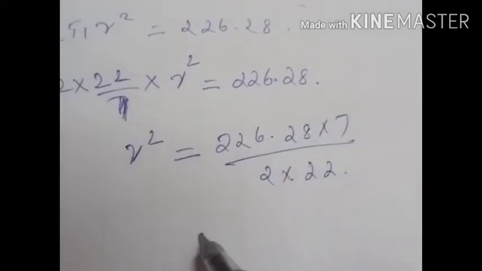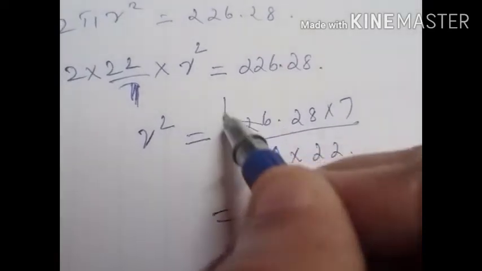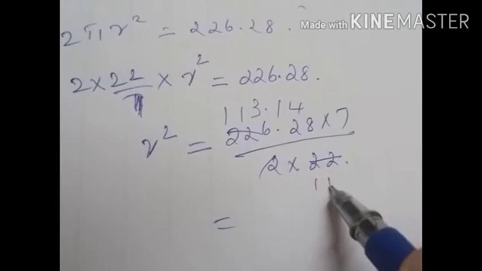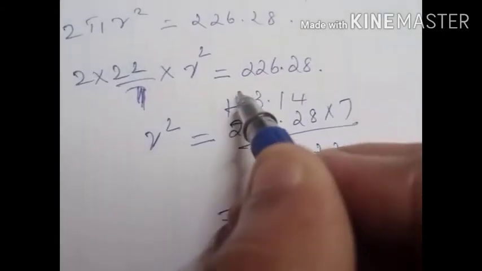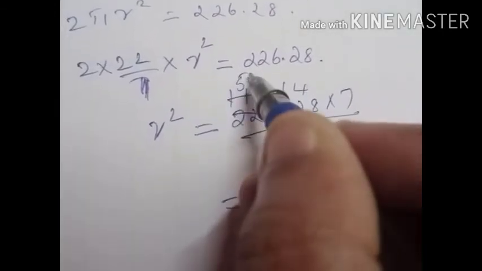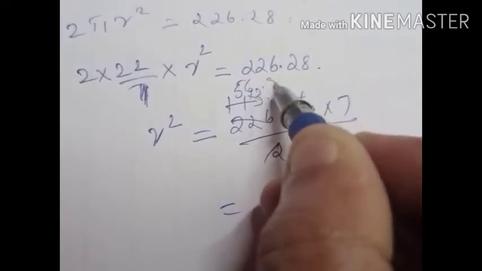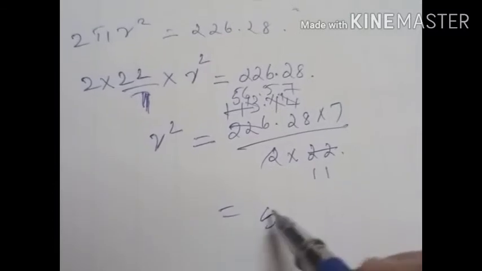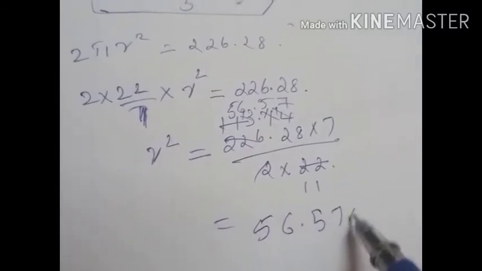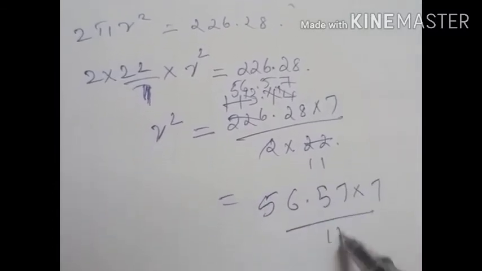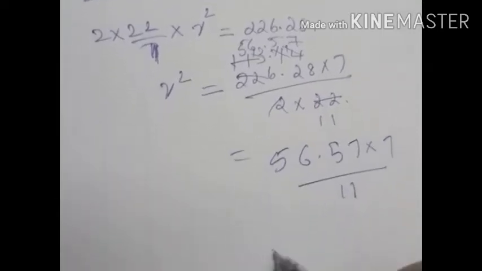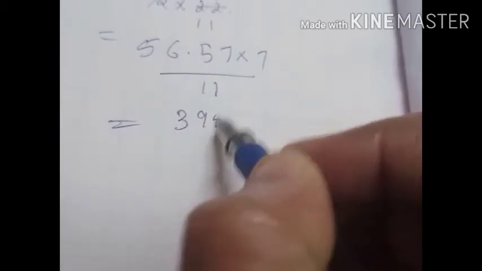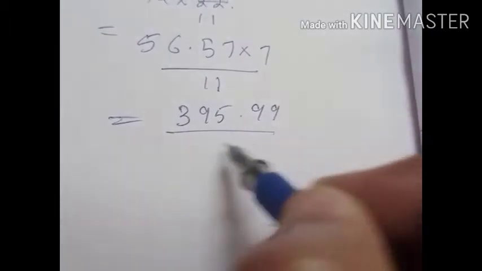So when we simplify this, what will we get? 113.14 in 22, 11 times. Then 5 2s are 10, 6 2s are 12. In 11, 5 2s are 10. In 14, 7 2s are 14. So we will get 56.57 into 7 by 11. Then we will get 395.99 by 11.